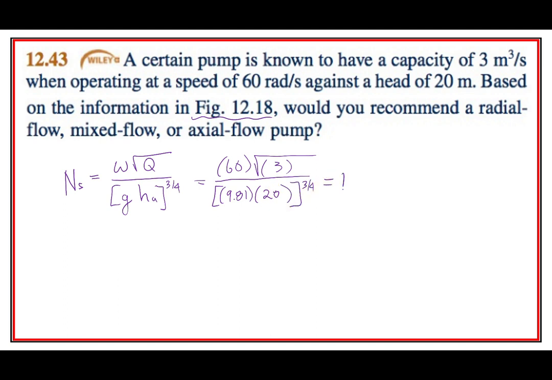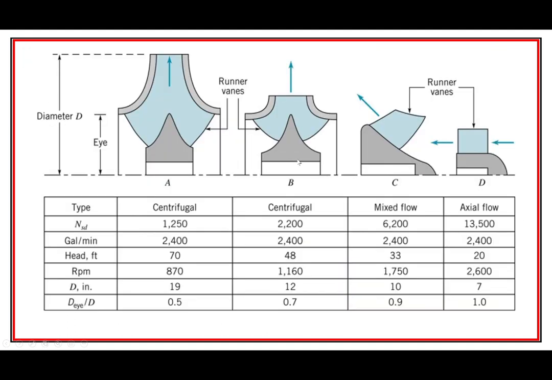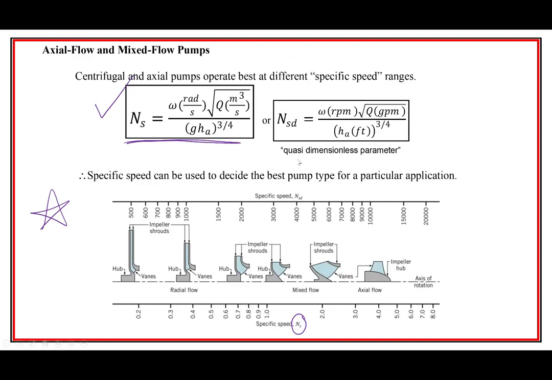You end up with 1.982, right? So that's the parameter that we want to look up in this chart right here. I had 1.982. That's really close to the 2. So it looks like it's a mixed flow type of thing that has impeller shrouds that aren't nearly as large as this one over to the left.